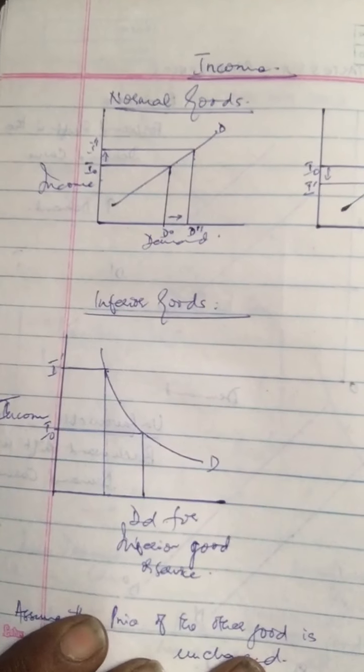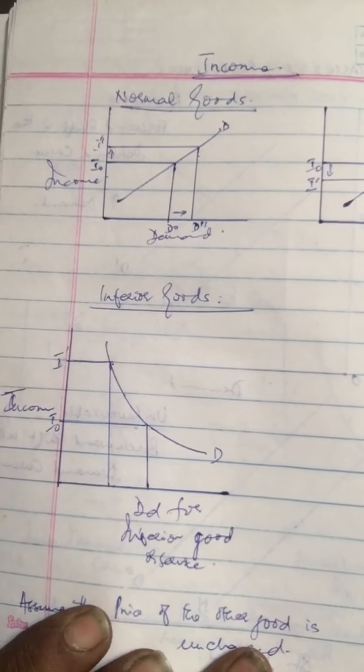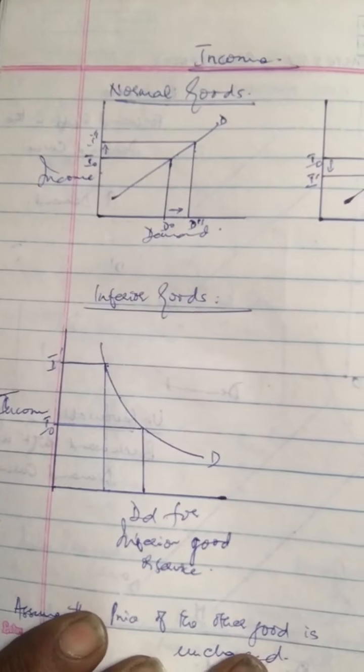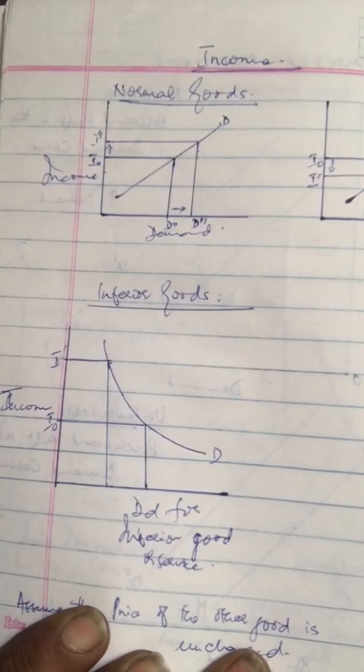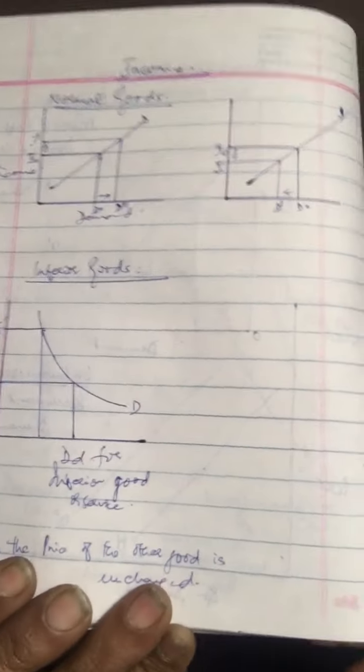That is the relation we talk about, say, normal goods and inferior goods that I explained in the previous class. So in this, I'm just giving you how to go about it with the help of a diagram. And then we have expectations.